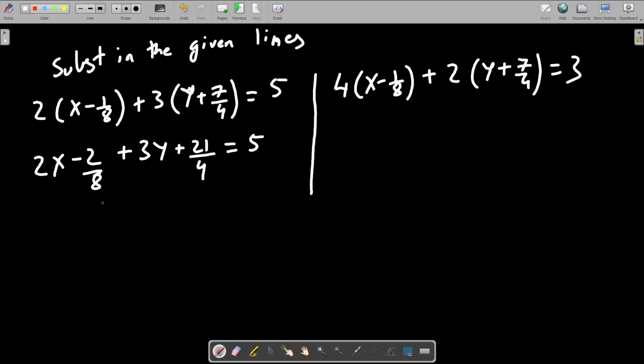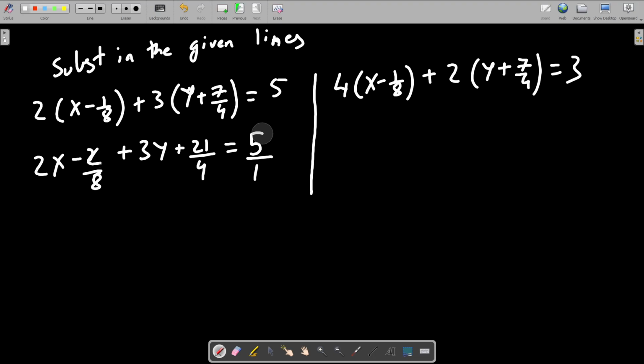Now notice one thing, just a trick for doing the simplification. If you have not seen this earlier, here the denominator is 8, here the denominator is 4, and here the denominator is 1, 5 upon 1 actually. So I'll prefer to have all denominators the same, and this will become 1 by 4. So I'll keep everything with denominator 4.